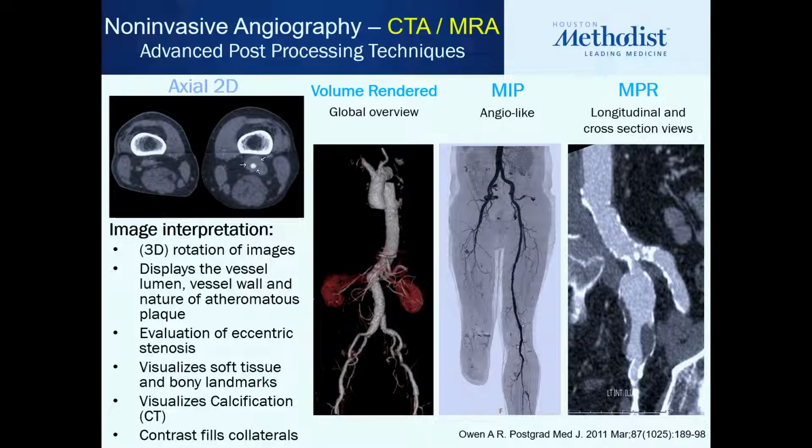We can see the bony tissues and landmarks to help us localize where particular disease or stenosis may be. We can see contralateral vessels. All of these tools are available to help us provide this information to our interventionalists.